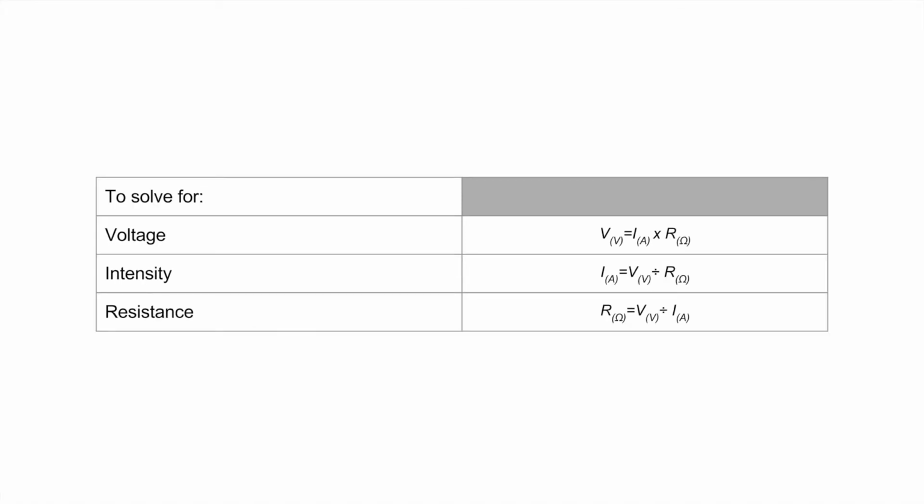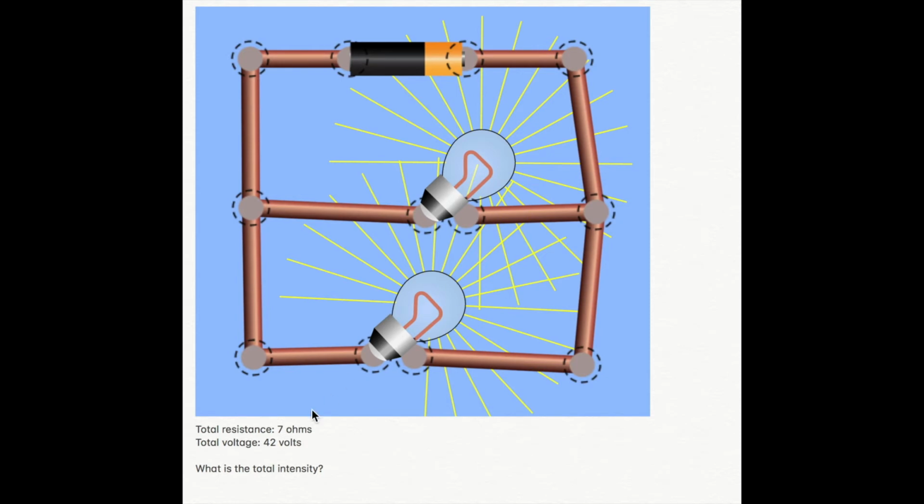Let's try and use Ohm's law to solve one of these problems. Say I have this parallel circuit here, and I know the total resistance is 7 ohms and the total voltage is 42 volts. Well, how could I calculate the total intensity? According to Ohm's law, the total intensity should equal the total voltage divided by the total resistance.